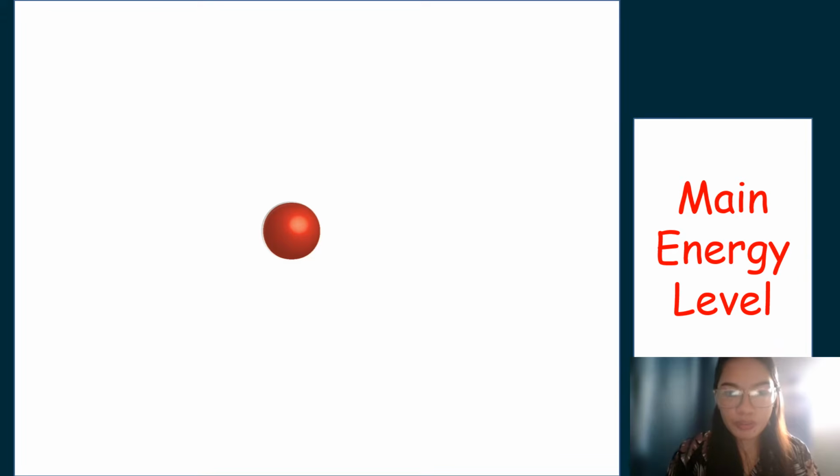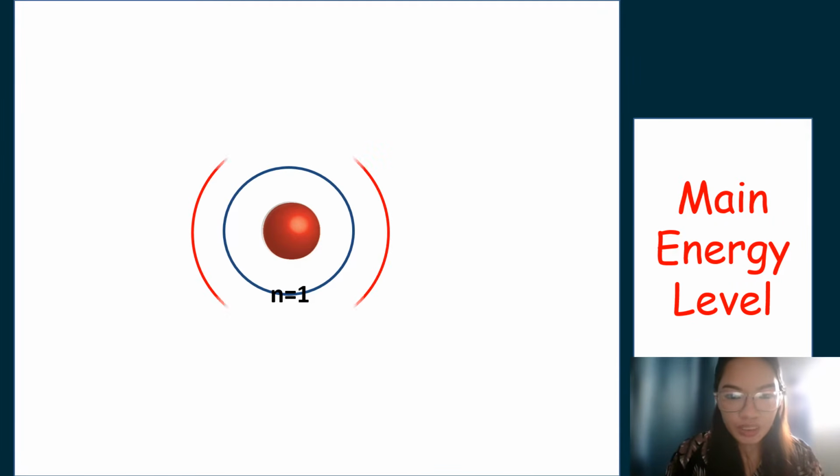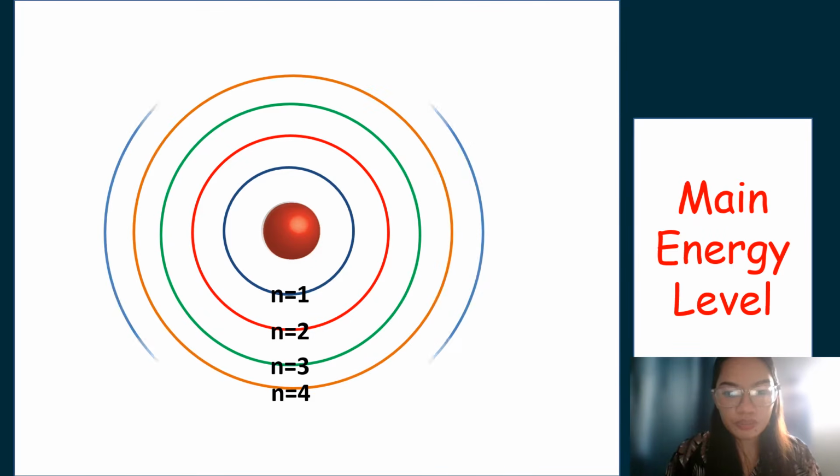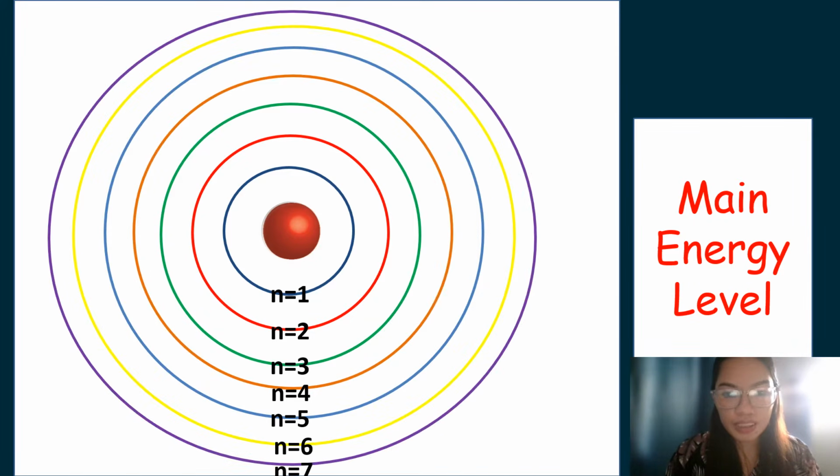But before we proceed to electron configuration, let's have this information about the atom. Our atom is composed of main energy levels, such as the first energy level, second energy level, third, fourth, fifth, sixth, and seventh energy level, also known as the K, L, M, N, O, P, and Q energy levels.